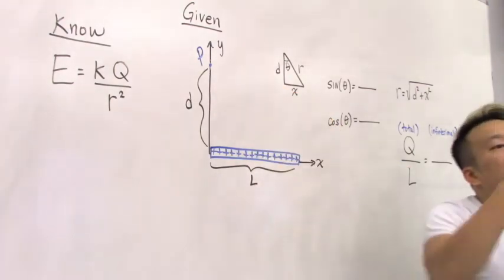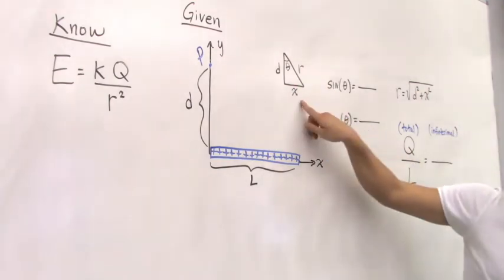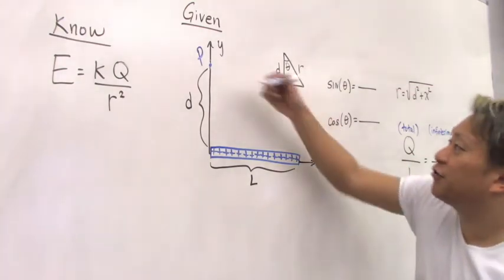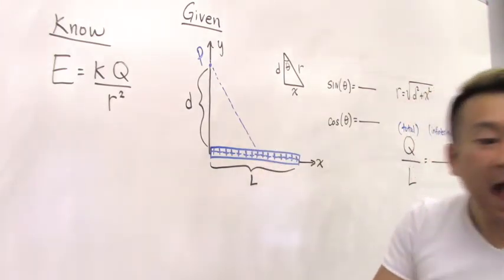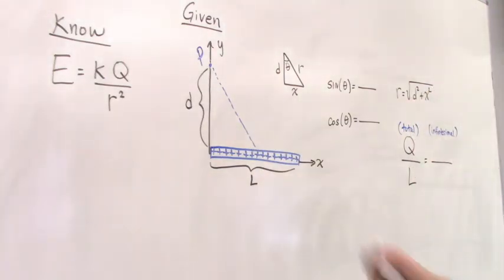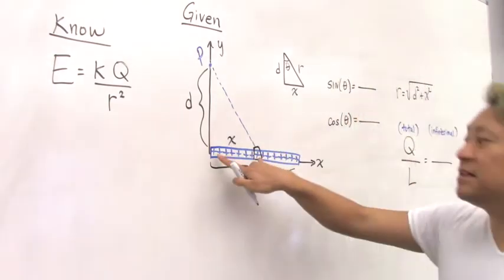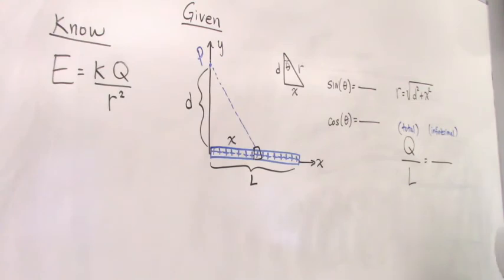How do I get a mathematical relationship of that distance? Well, drawing a similar triangle, you see that x here is some arbitrary distance. So go ahead and draw a dotted line and label that x to some arbitrary point. So this is the distance x. We're going to integrate because we have so many charges and they're infinitesimal.